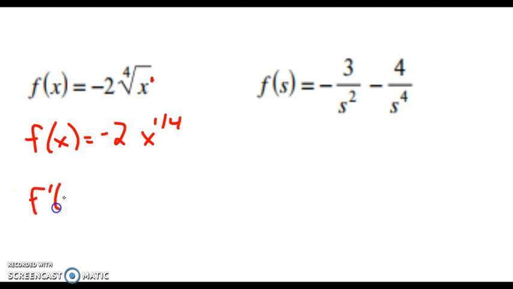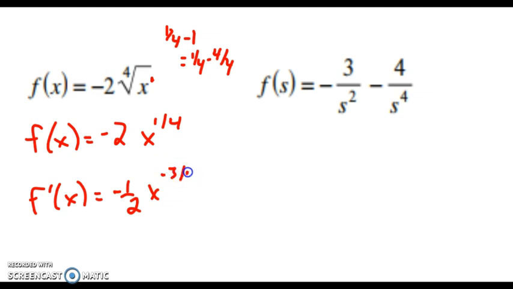And now when I take the derivative here, a 4th times negative 2 is going to give me negative 1/2. And I decrease this by 1, so I'd have a 4th minus 1, which is really 4th minus 4 over 4, which is negative 3/4. And that's my derivative.